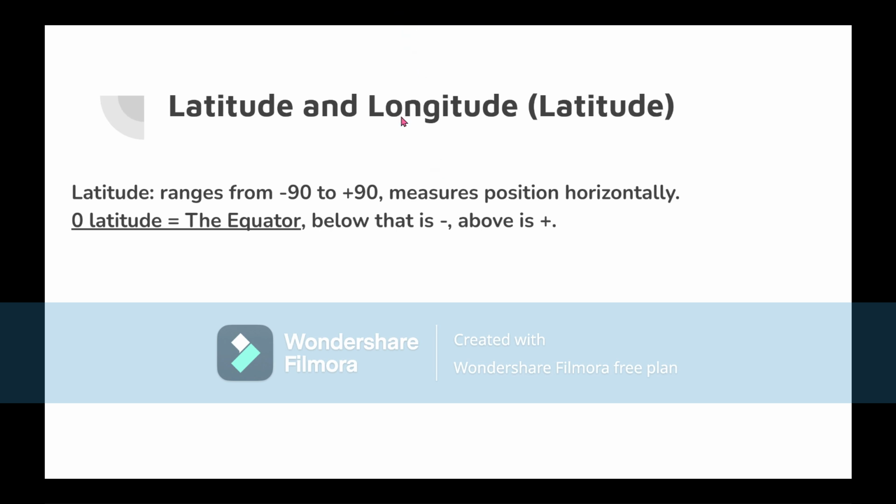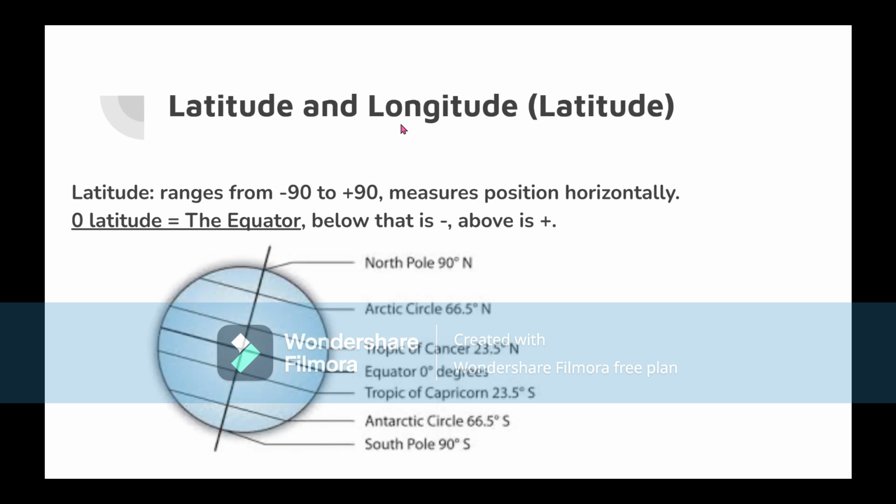A couple of important things you need to know are the lines of latitude on the Earth. The North Pole is right at the top, so 90 degrees north. The Arctic Circle and the Antarctic Circle are at 66.5 degrees north and 66.5 degrees south. They mark the points above which, on certain solstices, the sun will stay above the horizon.